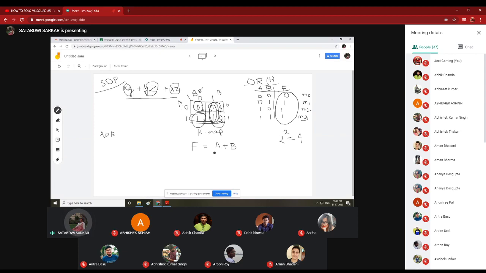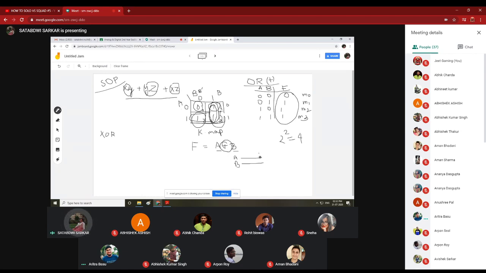Now let me design the circuit for this function. First we have to design the circuit for this function. So this is A, this is B. If we want to design the circuit, we have to take two inputs, A and B, and the output is F. But here, which gate?